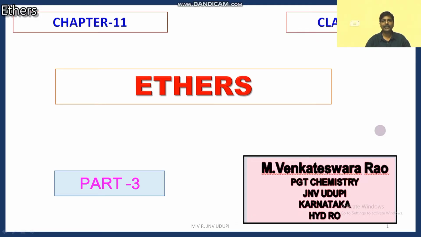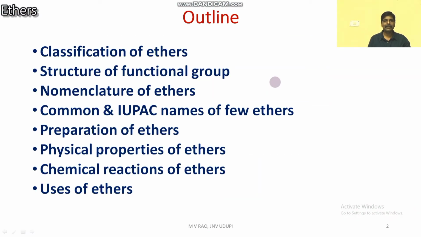So in today's class we are going to learn about ethers. In last class we discussed about phenols. Now today's topic is ethers. So classification of ethers, structure of functional group, that means ethers, nomenclature, both common names and IUPAC names.